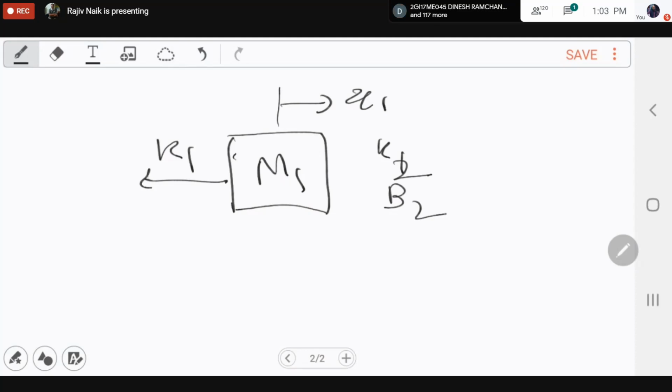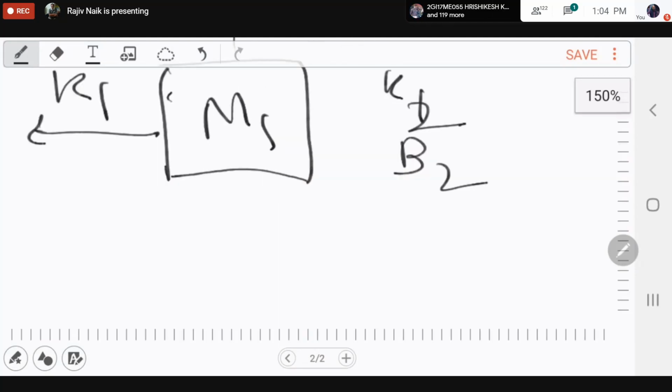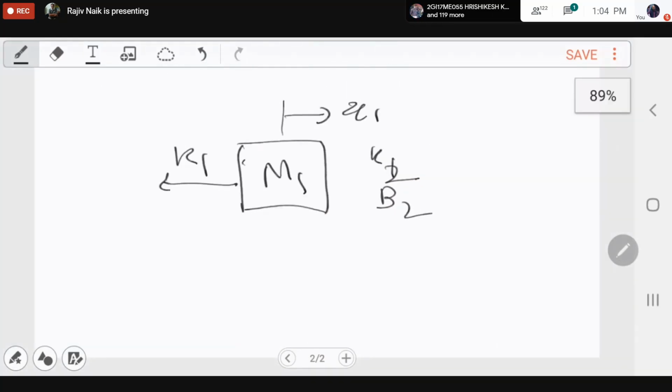So the whole body is moving towards right. When it is moving towards right, displacement x1 I am assuming is on the right. I don't know whether x1 is on the right or left. I know x2 may be on the right, but x1 I don't know at present. Assume that x1 direction is right.